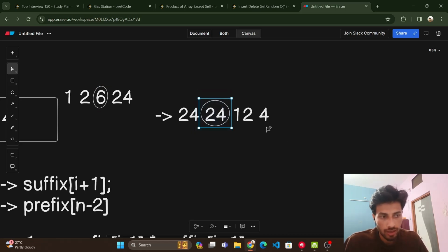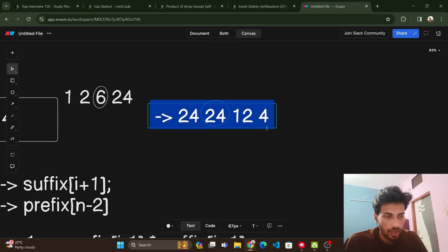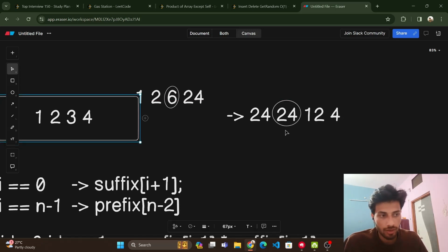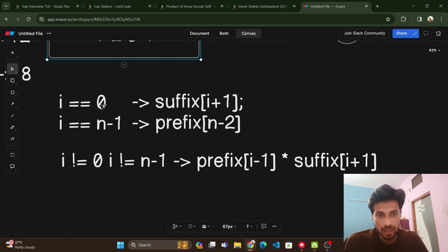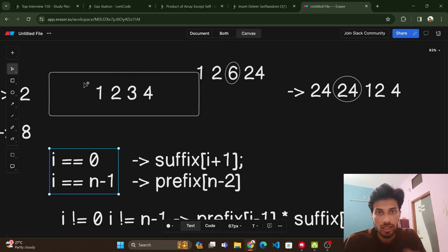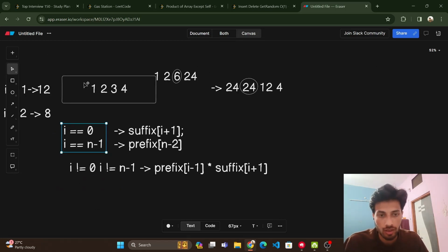Because the 4 comes from 4, the 12 comes from 4 into 3, and the 24 comes from 4 into 3 into 2. These three multiplications gave us 24, and for i equal to 0 we just need these three, not the first element, the zeroth index element. So 24 will be the answer, that is suffix of i plus 1.